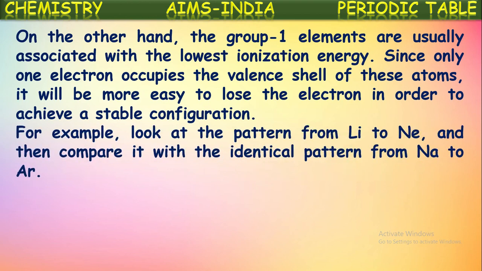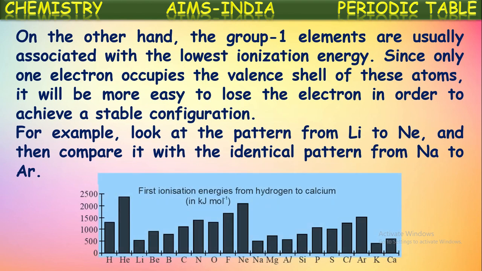For example, look at the pattern from lithium to neon and then compare it with the identical pattern from sodium to argon. See, they have given the trending of ionization energy in the periods. See, first period elements hydrogen and helium. If you see from hydrogen to helium, it increased.